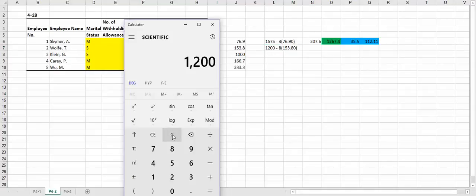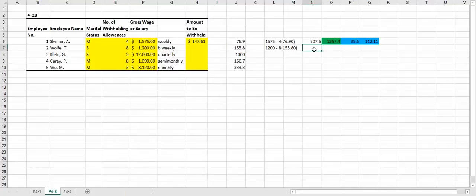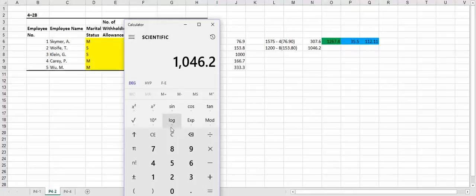So 1,200 minus 8 times 153.80 gives us a taxable, let's see, $1,046.20. That does not look right, so I'm going to calculate it again. It's 8 times 153.80.